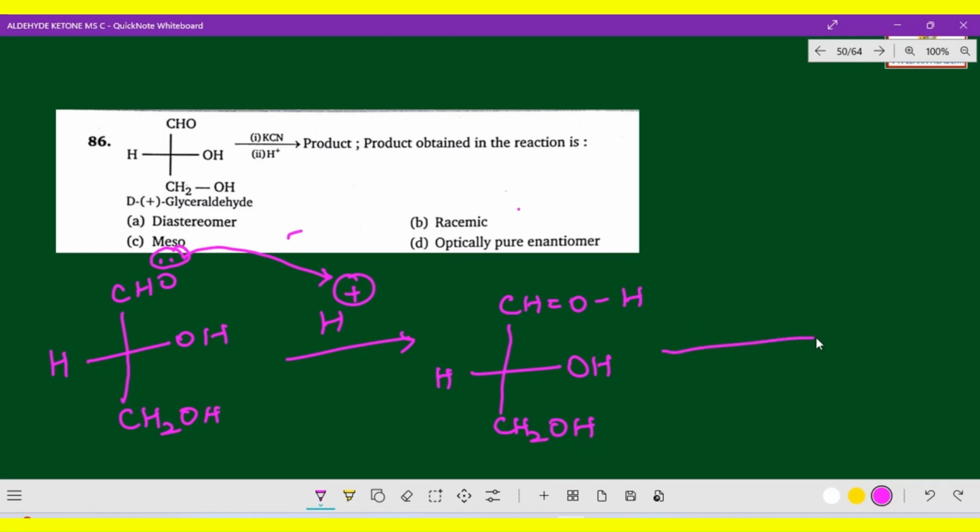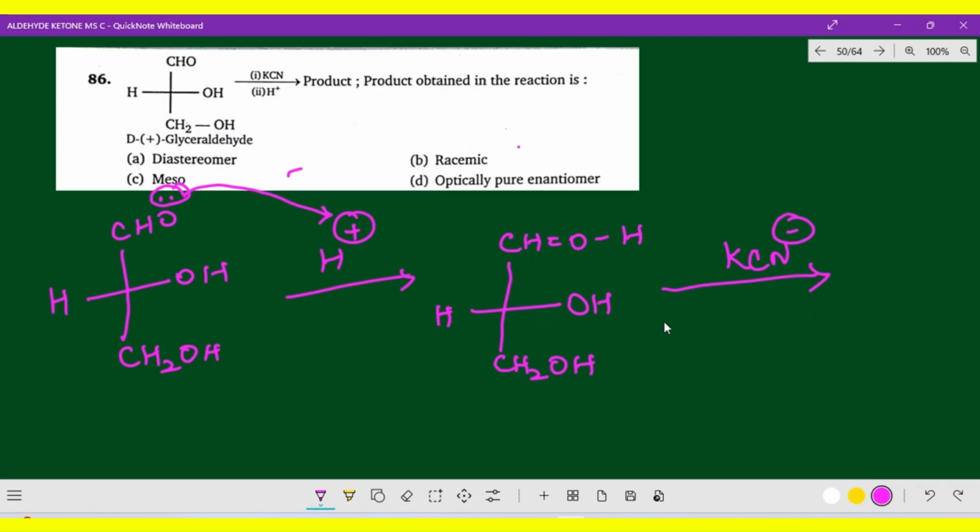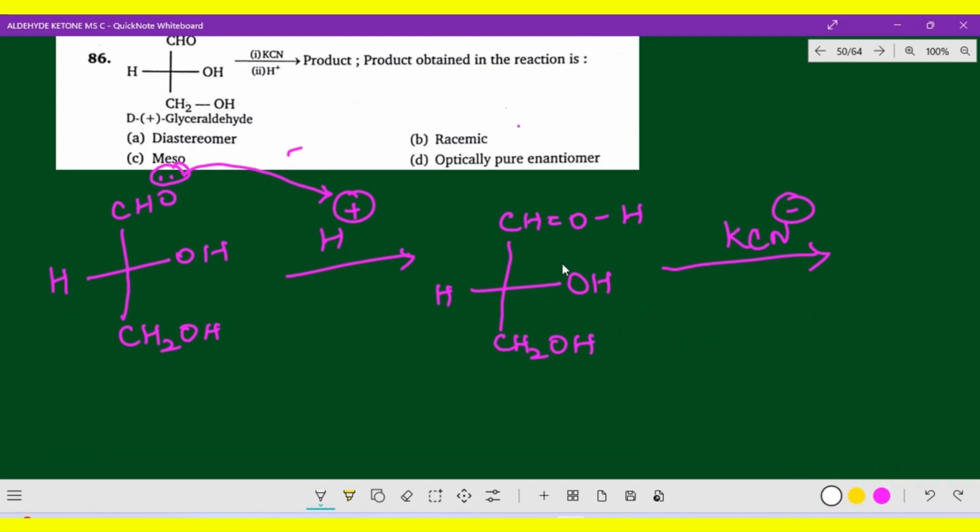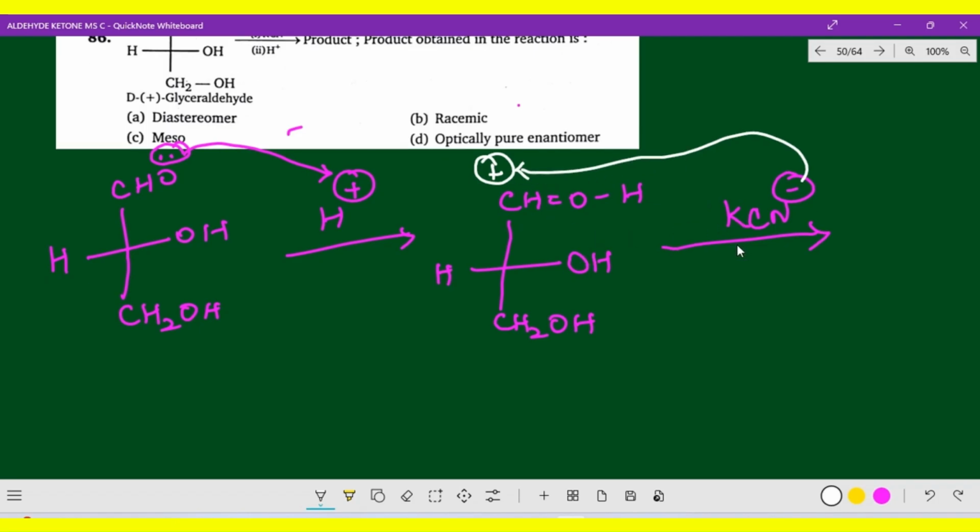Now in KCN, the CN has a minus charge. This minus charge goes here, and this carbon has a plus charge because of the CH double bond O. So it is attracted towards the electrophile, and this is the nucleophile, right?